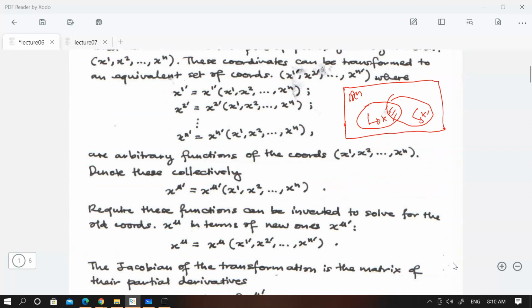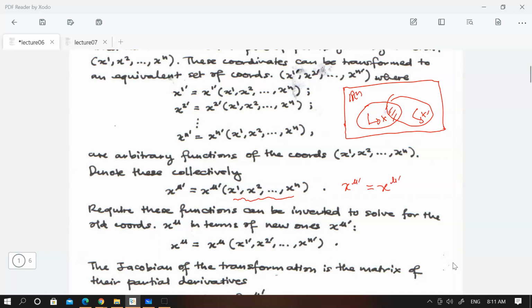So in order for me to simplify this, remember always the theorists tend to write a simpler equation than just an array of equations. So one normally just writes x^μ' as collectively describing all of this, x1' until xn'. So x^μ' will be a function of all x1 until xn, and if you want, you can even make that a shortcut as well.